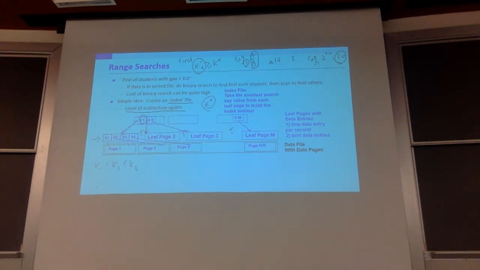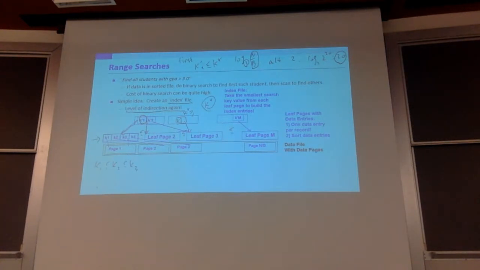So if you find the index entry here, it's k prime i, and you have a pointer here. Since k star is greater than or... this is wrong. The other way around. So try to find the very first one that is smaller than or equal to.